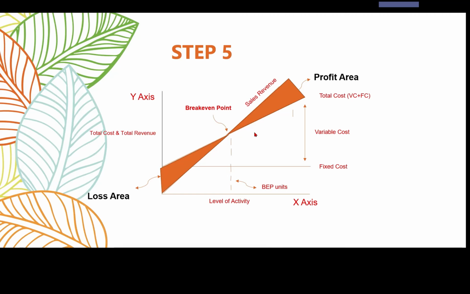If we draw a dotted line from that break-even point towards the x-axis, the point where that line falls will represent the break-even units. But if we draw a dotted line from that break-even point towards the y-axis, it will represent the break-even point in terms of monetary value, right?